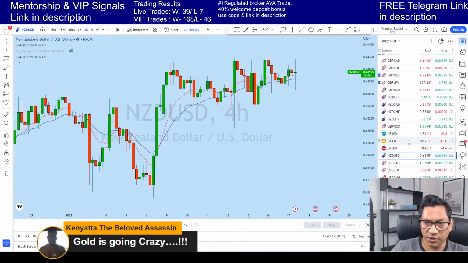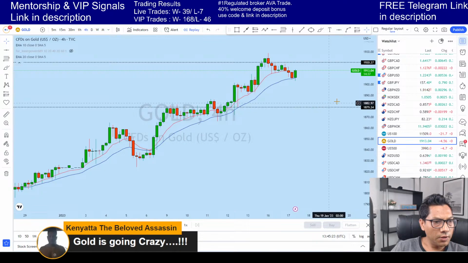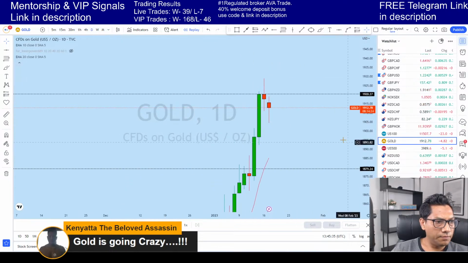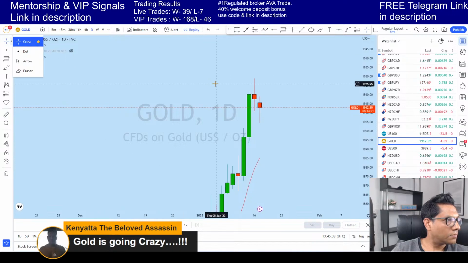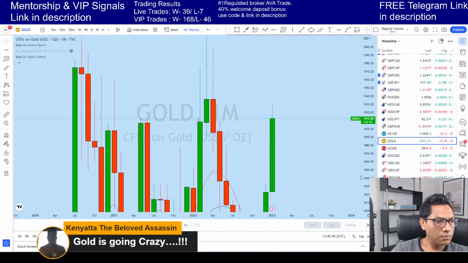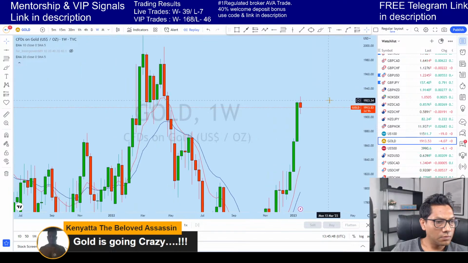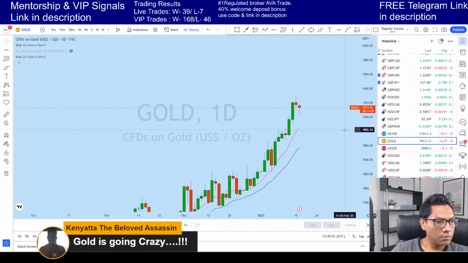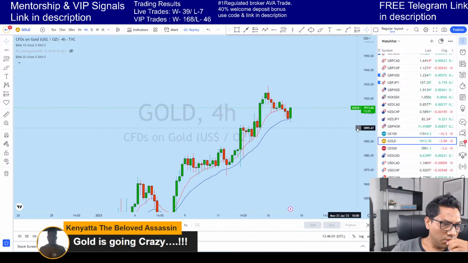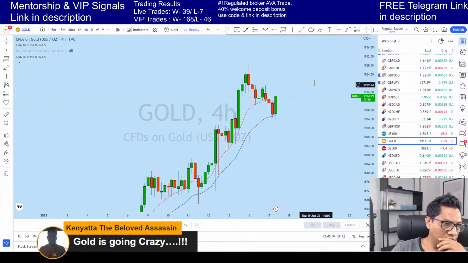So looking at all of these pairs, guys, including gold and everything, what I see is that the dollar is getting a little bit weaker for the short term. This is the gold price where we see a very long bullish candle being formed.